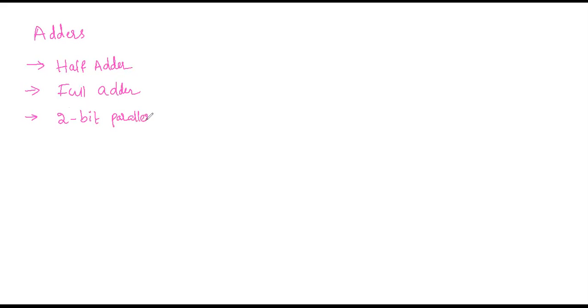Since we are adding binary bits, it is also known as a binary adder. So 2-bit parallel adder or binary adder, both are the same. Similarly, I asked you to draw a 4-bit parallel adder or binary adder in a similar manner.